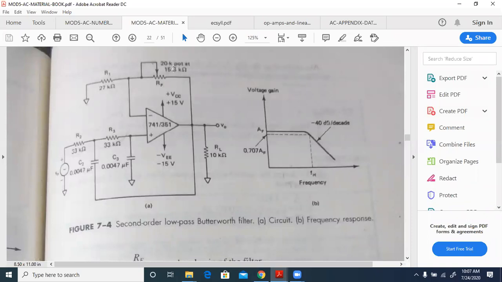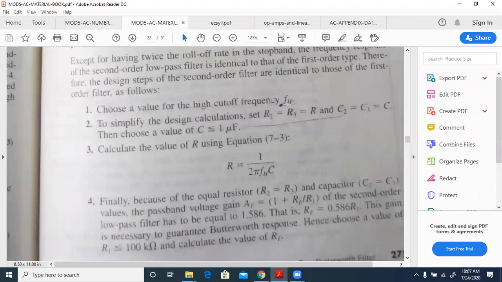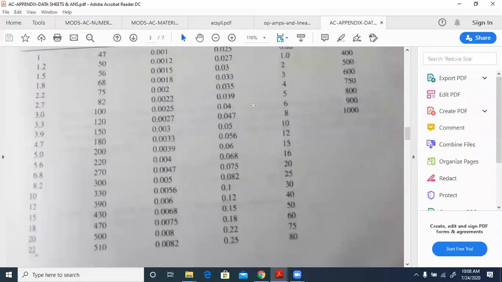For the filter design, choose the value of the higher cutoff frequency fH, choose R2 equal to R3 equal to R, and C2 equal to C3 equal to C, and choose the value of C less than 1 microfarad, which might be 0.01 microfarad, or 0.047 or 0.0047 microfarad. Whichever you want, for that you need to go to the table of capacitance values in the appendix, and then from these values you can choose whatever you have, right?